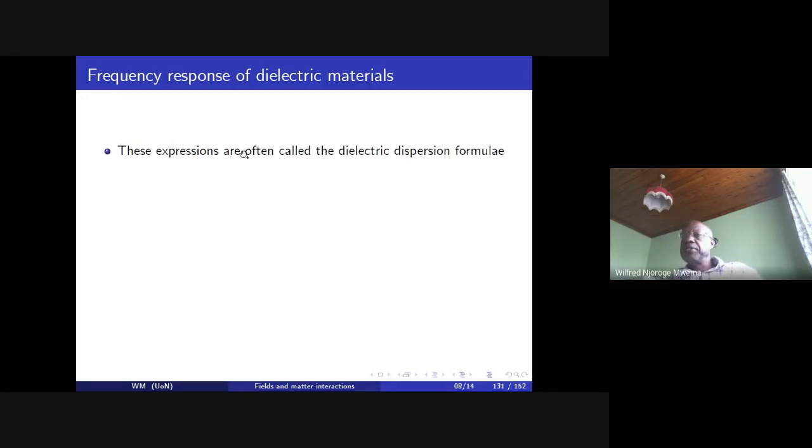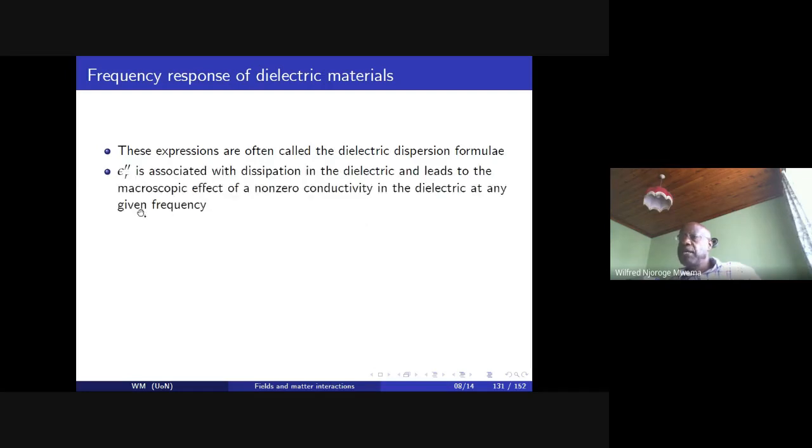So these expressions are usually called the dielectric dispersion formulae because of that dependence on frequency. We'll see that they'll have different values for different frequencies of applied field. So epsilon r double prime will be associated with dissipation in the dielectric and will lead to the macroscopic effect of non-zero conductivity in the dielectric at any given frequency.